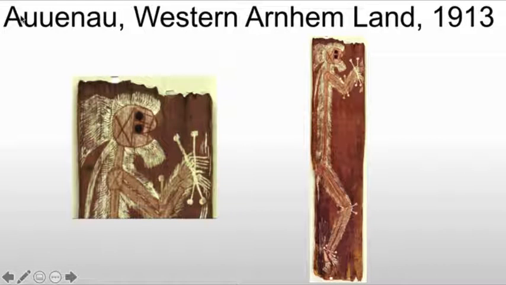And we're looking at a specific example here from the Western Arnhem Land around 1913. What you're looking at is the proper orientation. I'll show it to you differently in a minute. But the proper orientation of a bark painting of a monkey. And this is depicted in a style that we now refer to as X-ray.